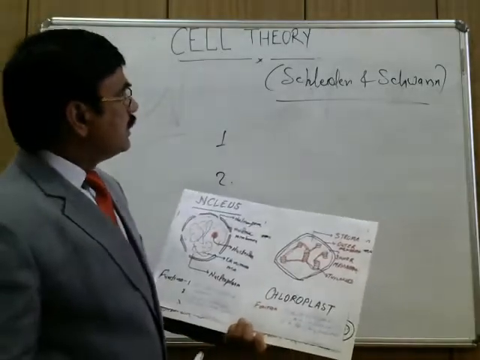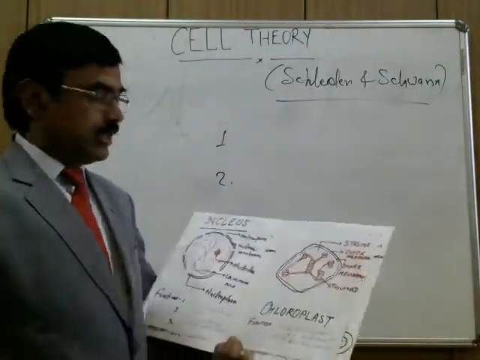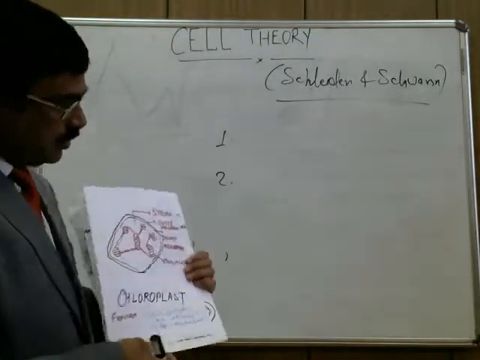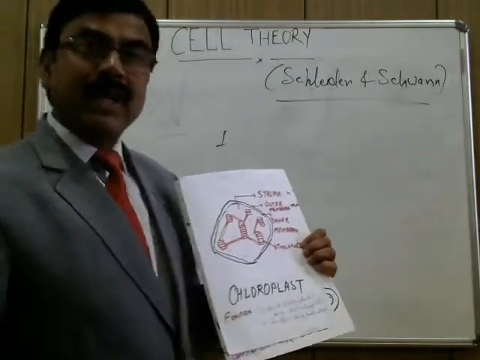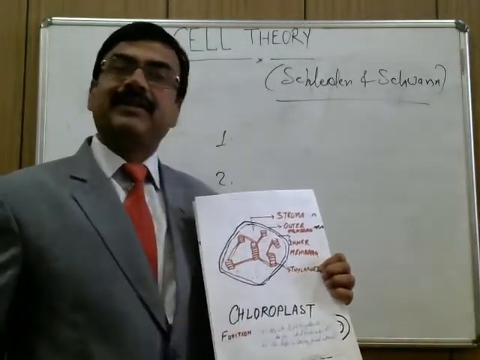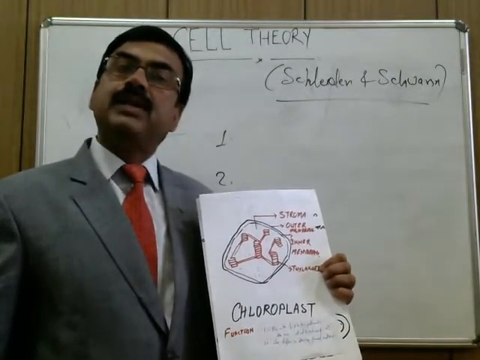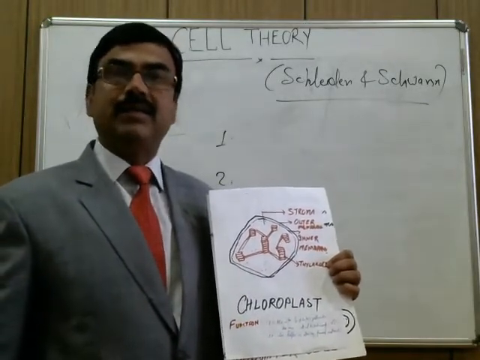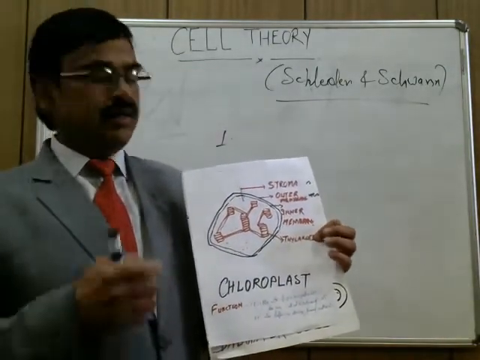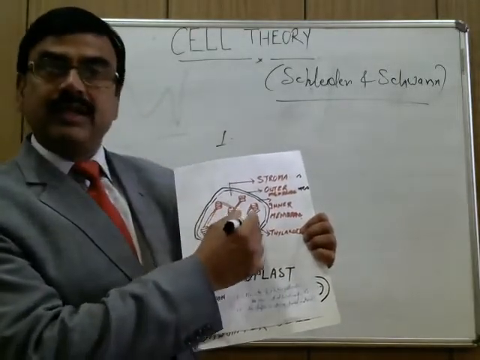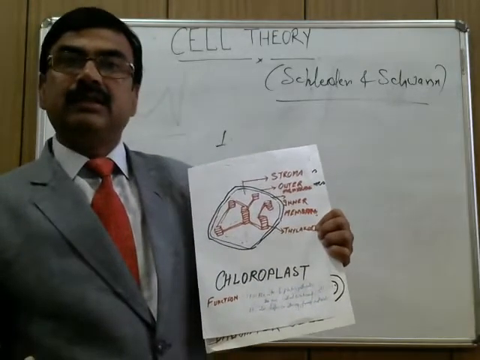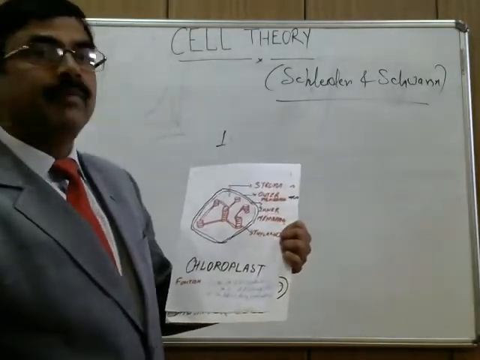After the nucleus, I will take another cell structure here, and that is chloroplast. Chloroplast is a spherical structure, and chloroplasts are present only in the plant cell, not in the animal cell. The chloroplast contains so many parts, and out of that you have to understand the grana and stroma.